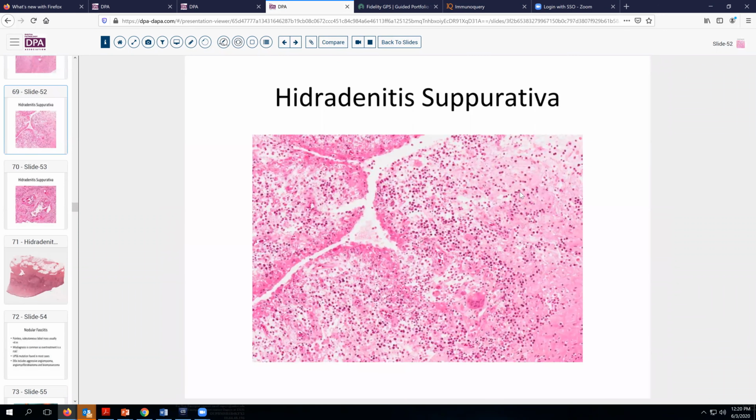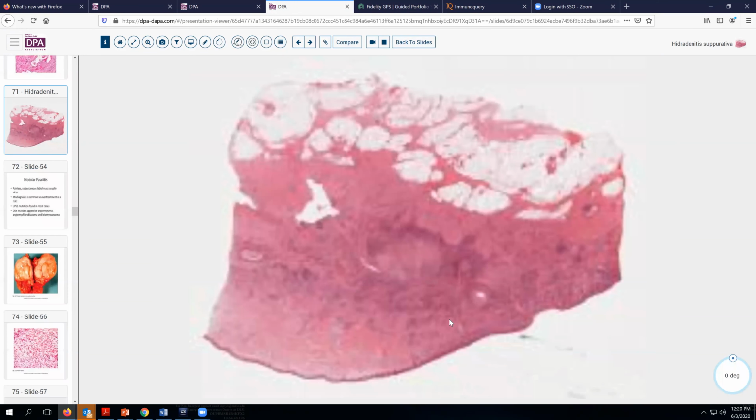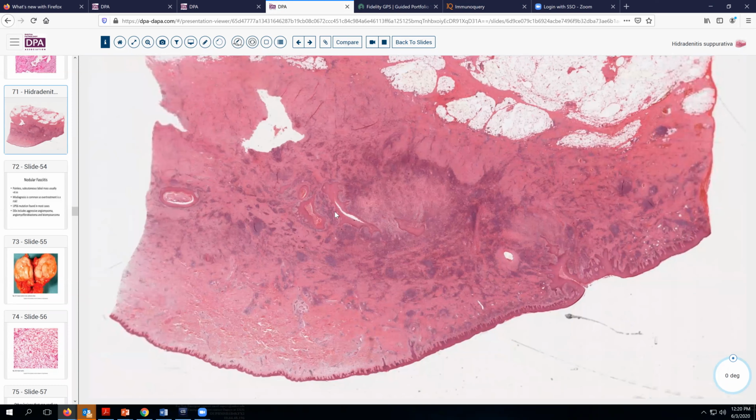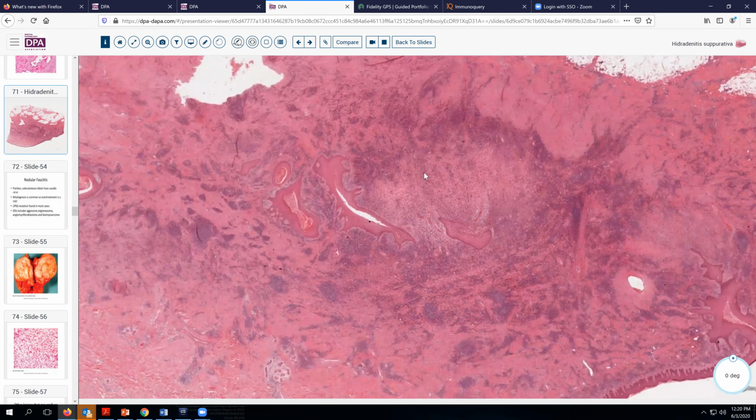Here's an example of the granulation tissue that you'll see in these lesions. I actually included a digital slide here. If you want to come back and take a look in greater detail, you can see that sometimes you get preservation of the epithelial elements with the surrounding tissues.